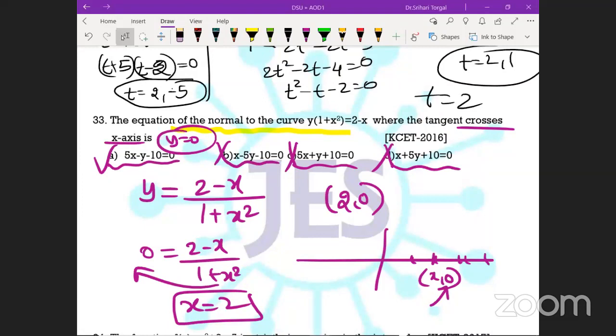It doesn't only have to be 2. No, the x value will be 2, right? It's 1 also, sir. 2 minus 1 is 1 and 1 plus 1 is 2. No, no, it can't be. Okay. The answer is right. Option A is the right answer.